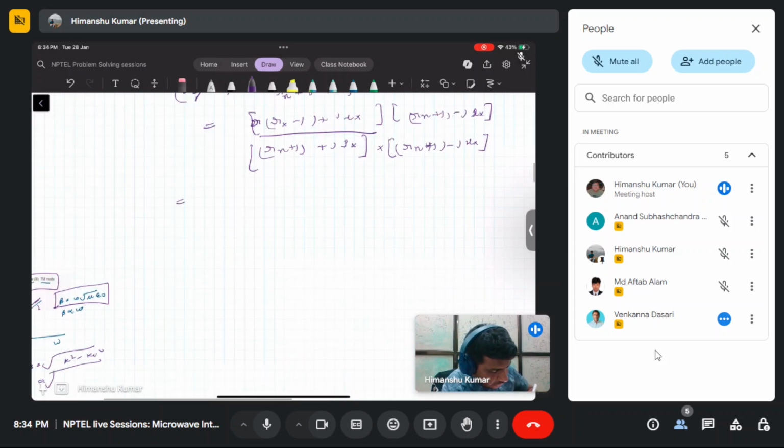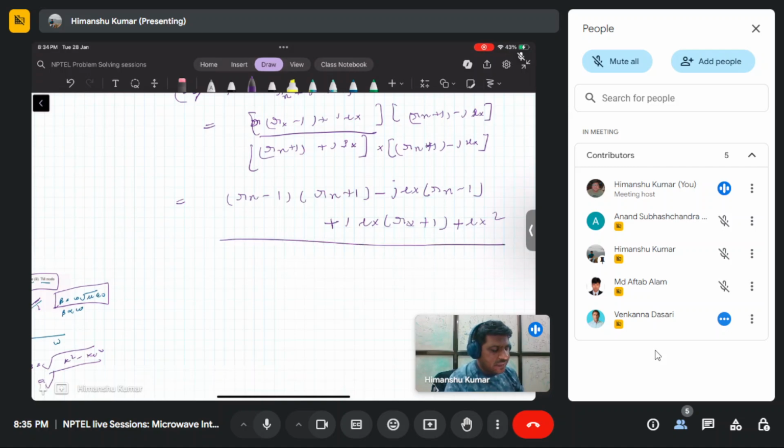the numerator: rx minus 1 plus j times ix, times rx plus 1 minus j times ix. Minus this j square will become minus 1, so this will become plus ix square, right?